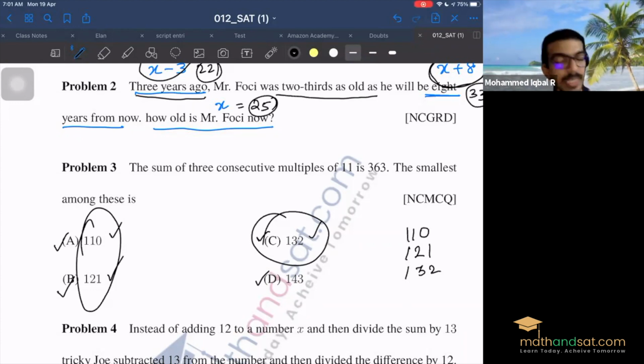You understand that every number is a multiple of 11. Moreover, all these four numbers are consecutive multiples of 11. And third thing is, if you add up the first three numbers in the options, you're going to get the number 363 that is given in the question. So you're happy, you got the answer. Okay. Does that make sense?